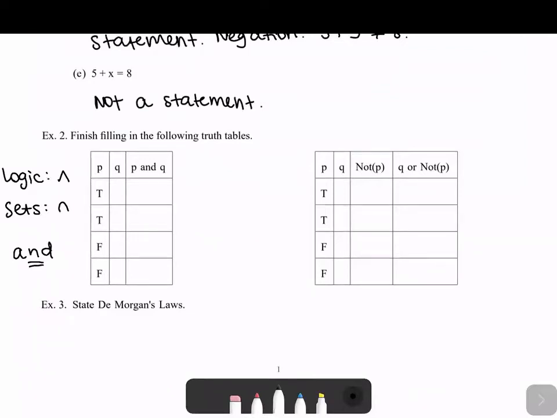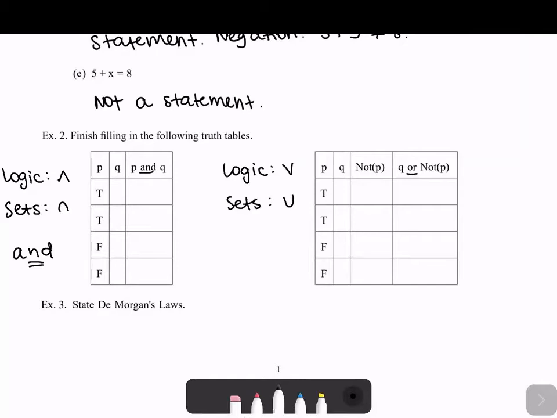And "or", in logic, is written as the upside down caret, and in sets, it's the same symbol, but upside down. So we have "and" and "or" written in these different ways.